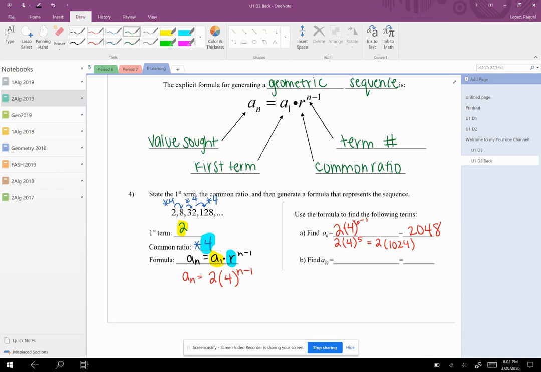If we're looking for the 20th term in your sequence, very similar. We're going to plug in 20 for n. So we have 2 times 4 to the 19th power, because 20 minus 1 is 19. And then 4 to the 19th power is going to get you a really big number in your calculator. You're going to see something like 2.748 E 11, okay?